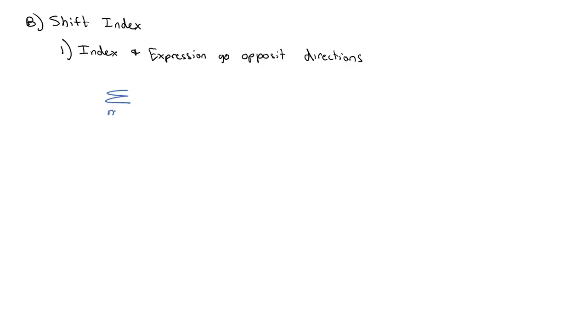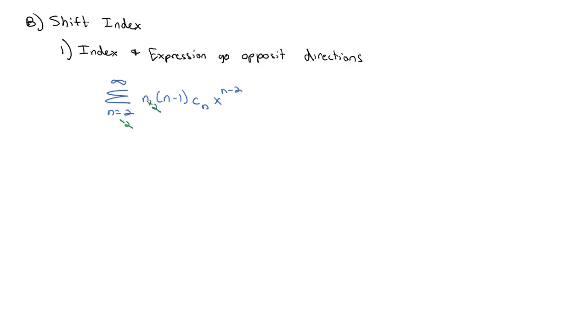If we've got the sum as n goes from 2 to infinity of n times n minus 1 times c sub n x to the n minus 2, and let's say we wanted to shift this index so it started at 0 instead of 2. Well, the index would be subtracting 2, so the expression has to go the opposite direction.